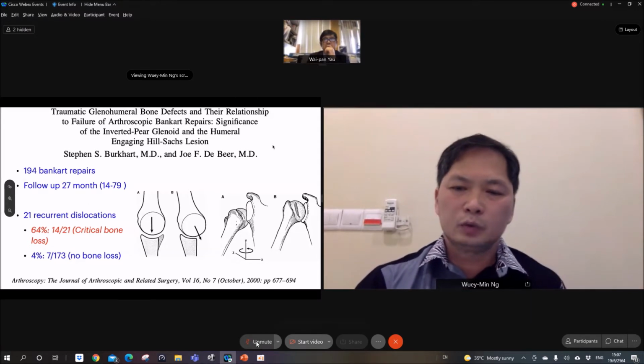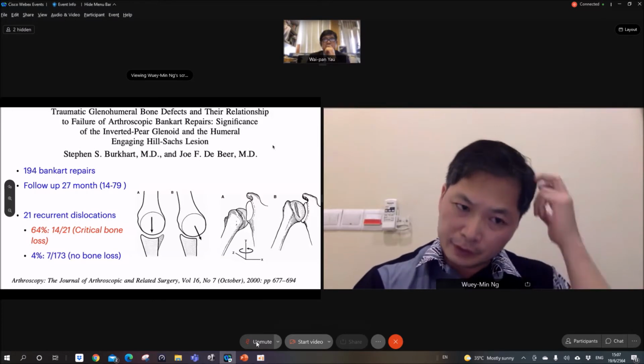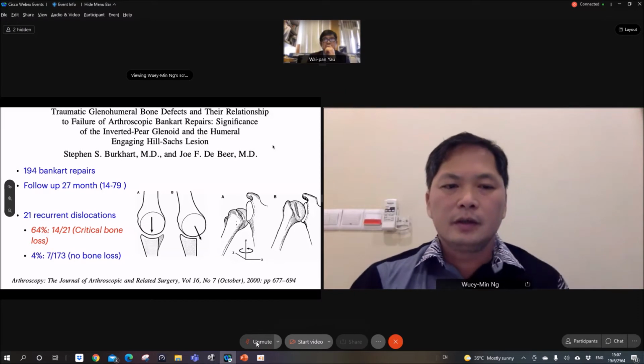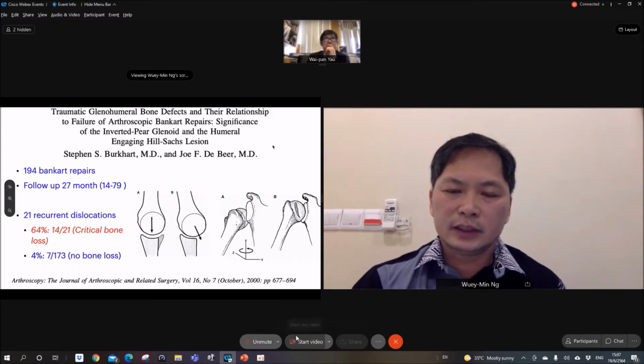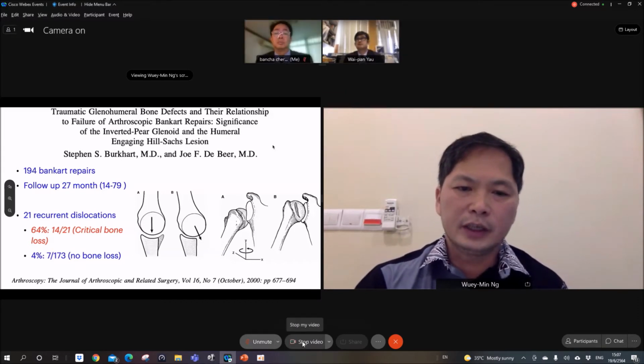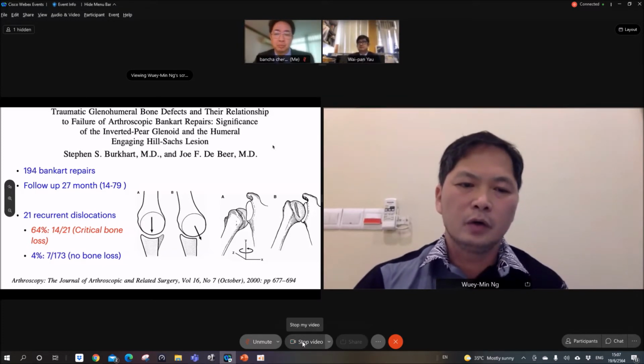They found 21 cases with recurrent dislocation, meaning failure after Bankart repair. They further analyzed the 21 cases, and 14 cases, 64%, actually had a critical bone loss, either on the glenoid side or on the Hill-Sachs. Whereas there was only a 4% failure of the Bankart repair if there was no bone loss.